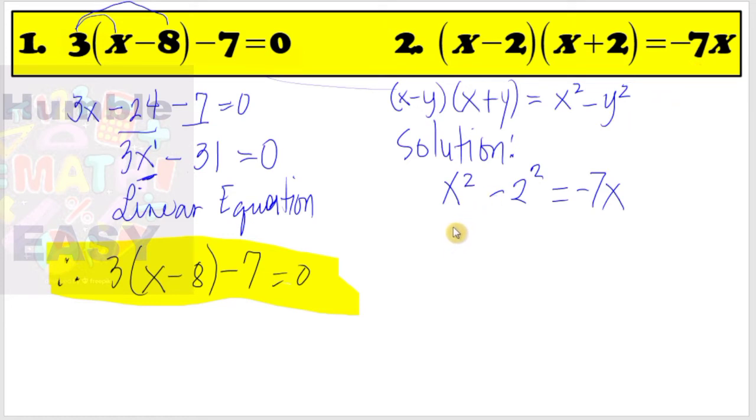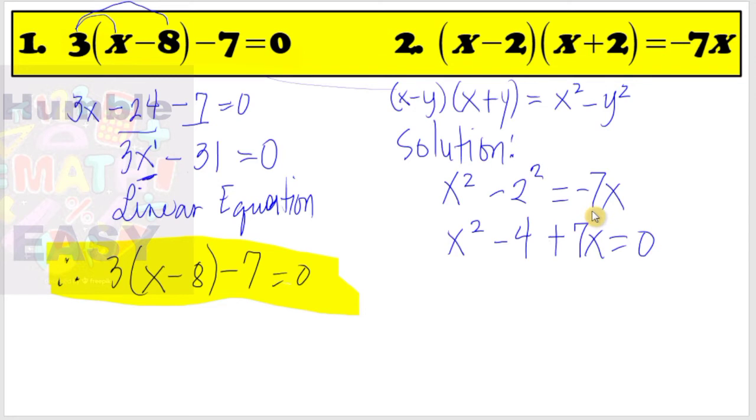As we go through this, we now have x squared minus 4, because 2 squared is 4, plus 7x is equal to 0, because when we have a quadratic equation, the right side of the given equation should be equal to 0.